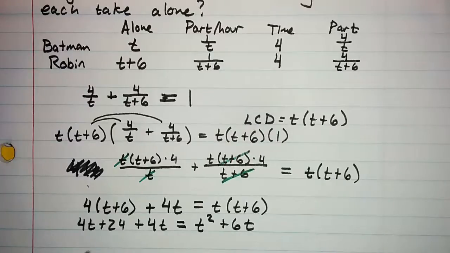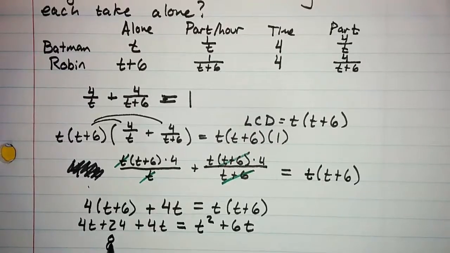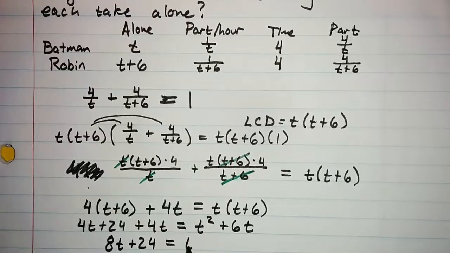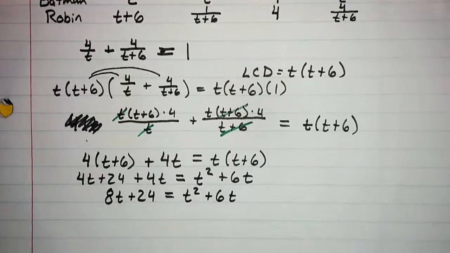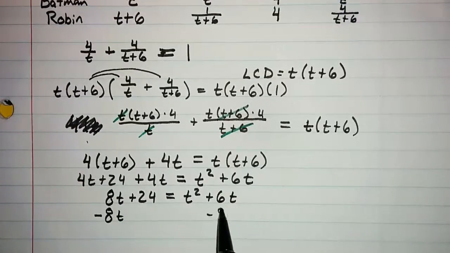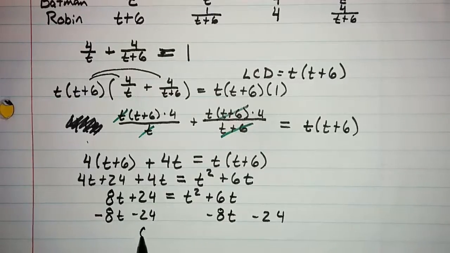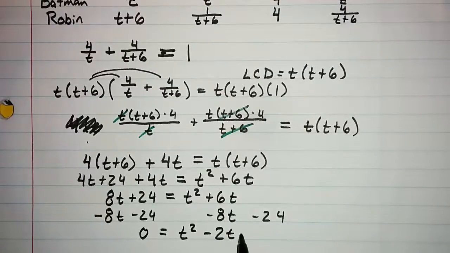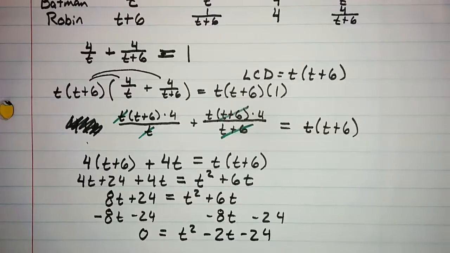Combining like terms first, 8T plus 24 equals T squared plus 6T. Now subtract 8T from both sides. Subtract 24 from both sides. I get 0 equals T squared minus 2T minus 24.